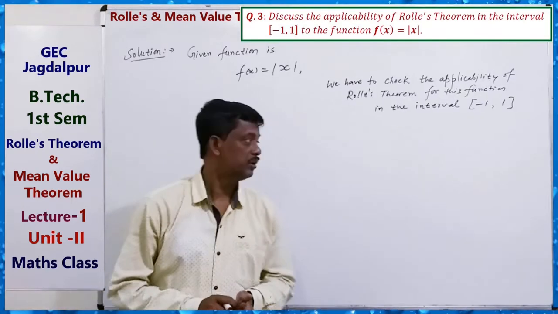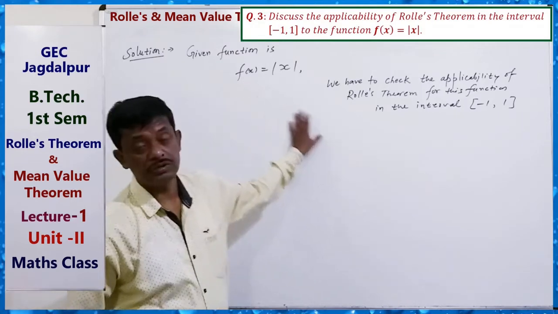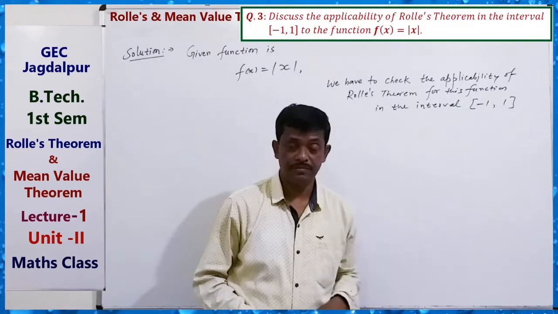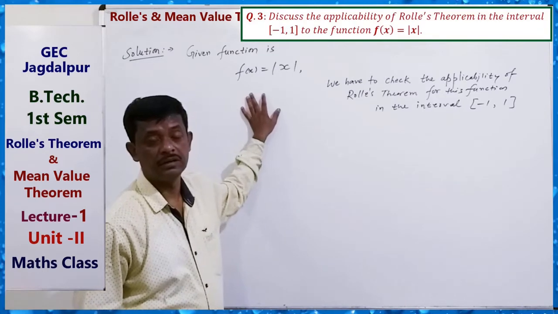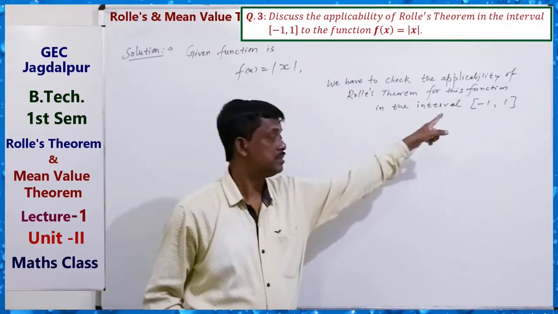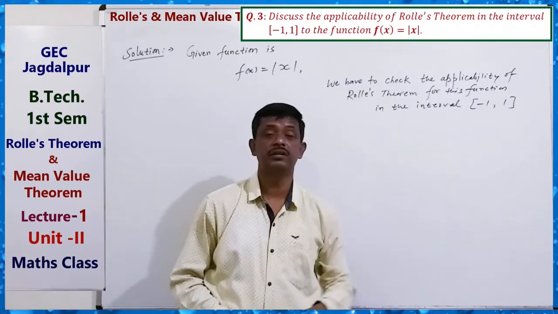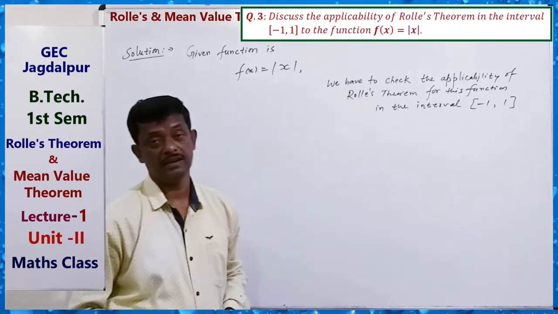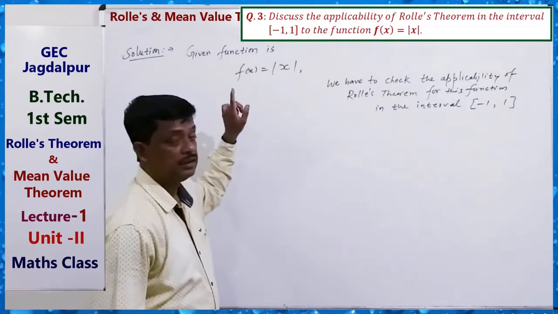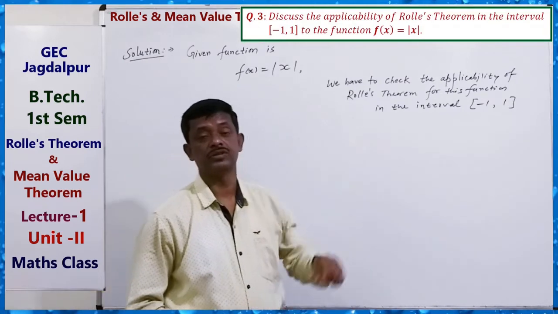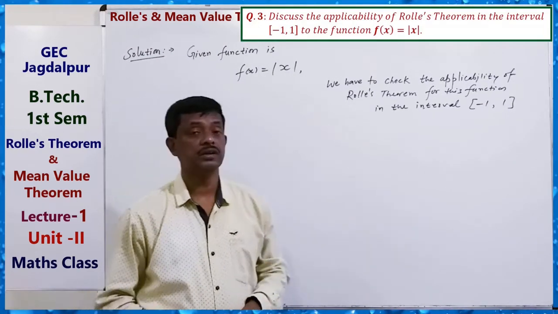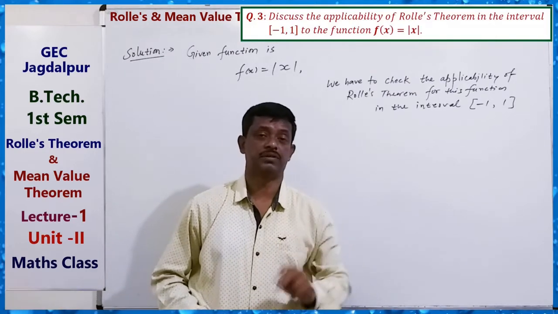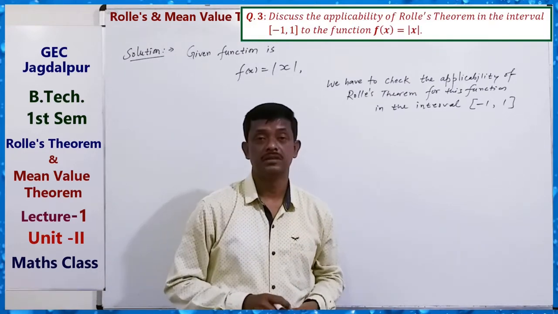For Rolle's theorem, the function should be continuous in this interval, the function should be differentiable in the interval -1 to 1, and f(a) equals f(b). Here, out of 3 conditions, 2 conditions are satisfied and 1 condition is not satisfied.